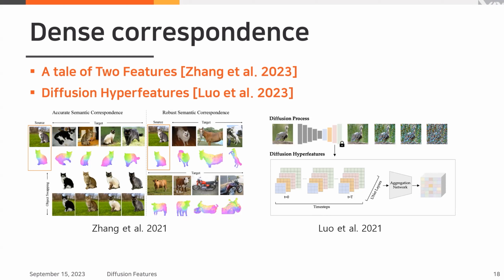While the DINO features have more semantic information. So I think using both can be better for some tasks, but there is more space to search for diffusion features and DINO features.